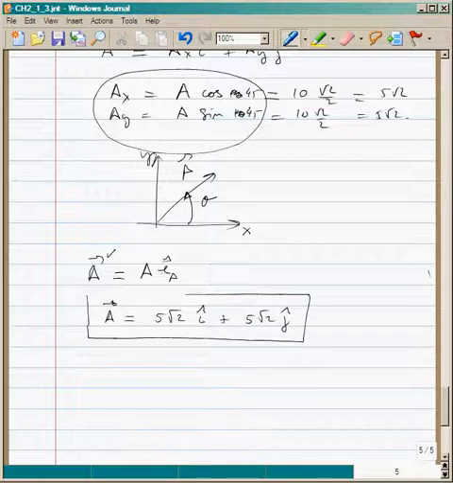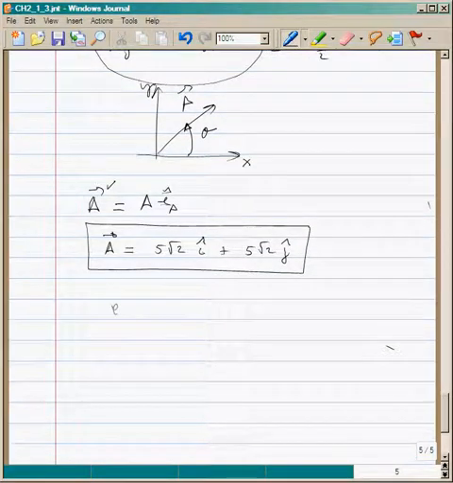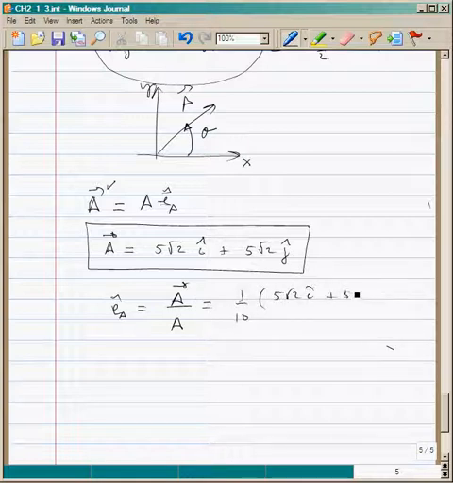That's your vector in component notation. And if you want to figure out the unit vector, you take this vector and you divide it again by its magnitude, which is 1 over 10 times 5 square root of 2 i plus 5 square root of 2 j. And you end up with the unit vector of A equal to square root of 2 over 2 i plus square root of 2 over 2 j.